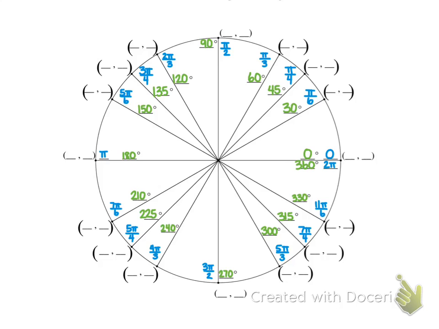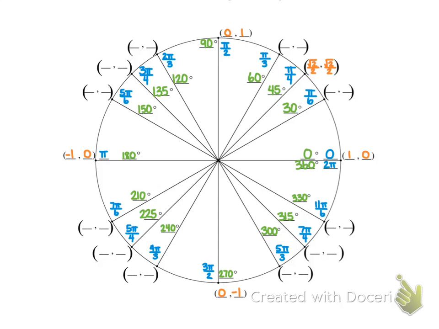Okay, so now for our sine and cosine values. So our first ordered pair is (1, 0), (0, 1) straight up, (-1, 0) at pi, and (0, -1). So you should be able to get those 4 main points because those are just points on the unit circle. Okay, so our halfways are always going to be square root of 2 over 2 in some form or fashion, whether it's positive or negative.